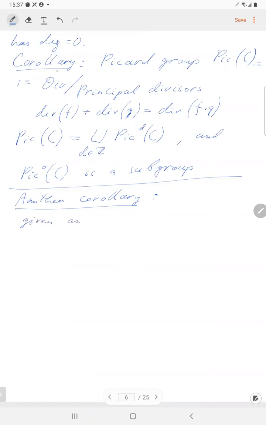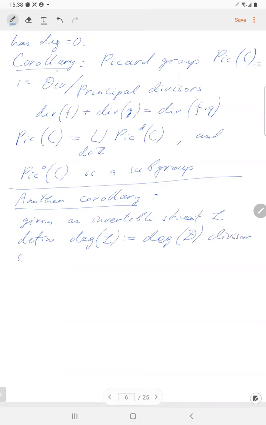So given an invertible sheaf L, we define the degree of L as the degree of any divisor D such that L is isomorphic to O of D. Okay.